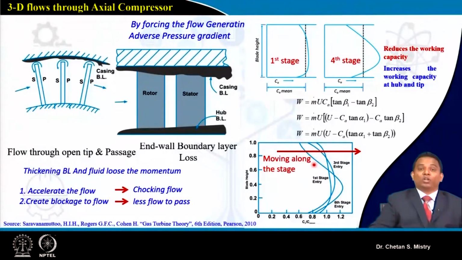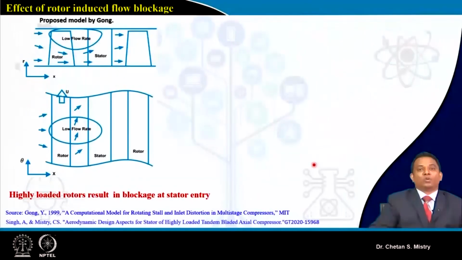So now the question is, if this is your case, what needs to be done? Okay, so let's try to understand what exactly is happening within my flow process. This is a model proposed by Gong. If you look, this is my rotor, which is followed by my stator.